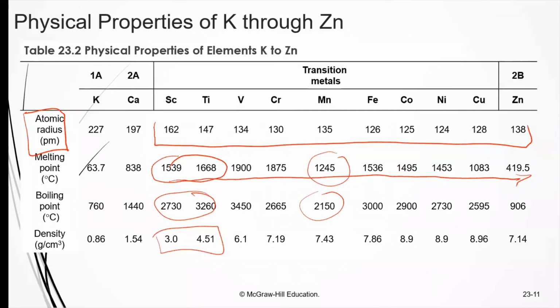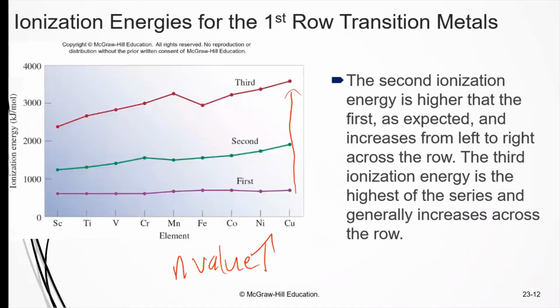So we're looking at our atomic radius for our physical properties, but more importantly than that, we're interested in your ionization energies as well. So our ionization energies, let me go ahead and erase this one. Our general trend is our first ionization energy is lower than our second, which is lower than our third, which is typically what we expect.